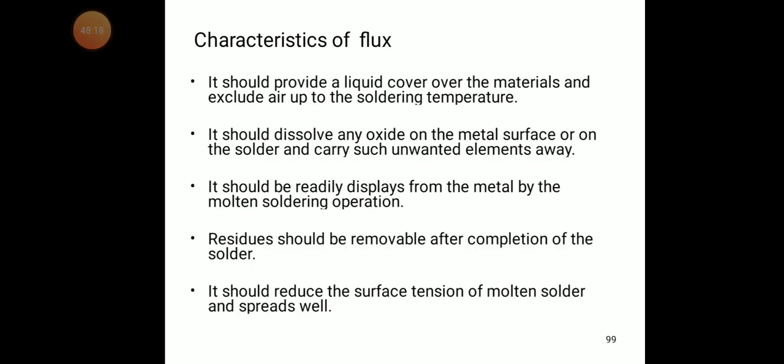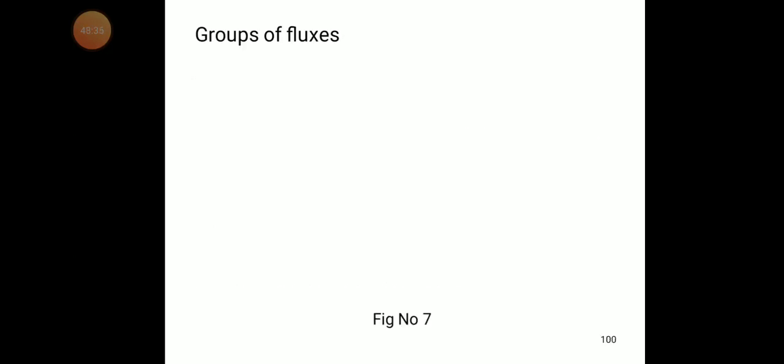It should be readily displaced from the metal by the molten solder. Residues should be removable after completion of the soldering. It should reduce the surface tension of molten solder and spread well.